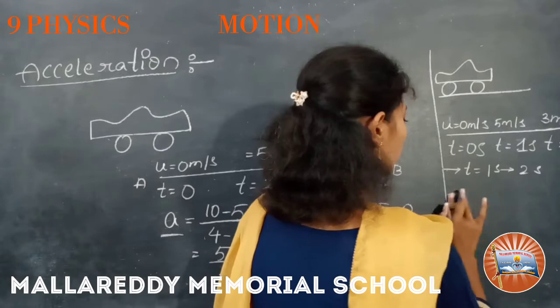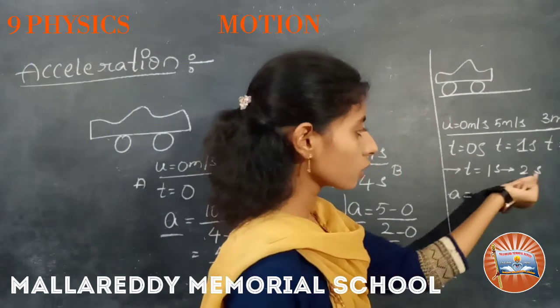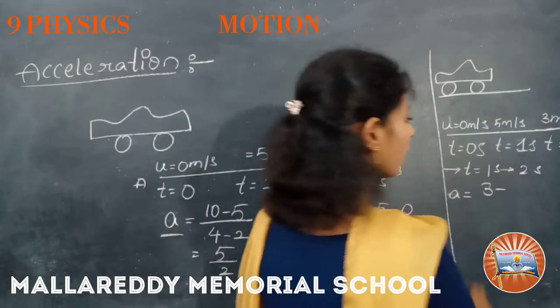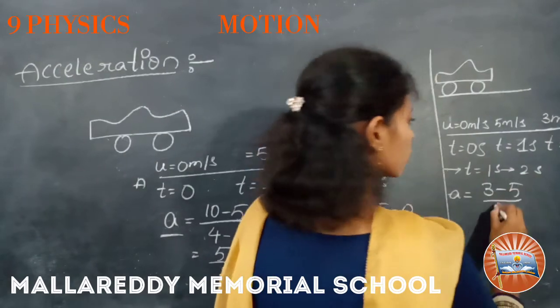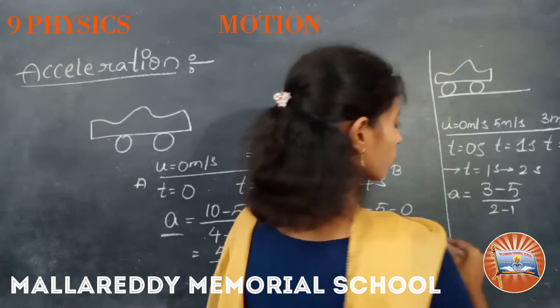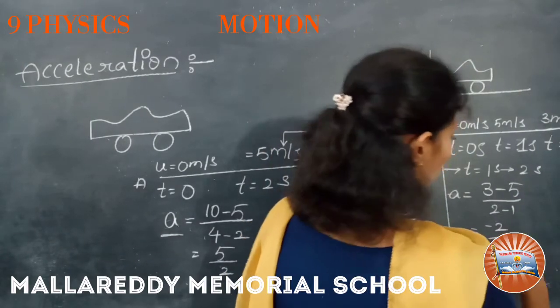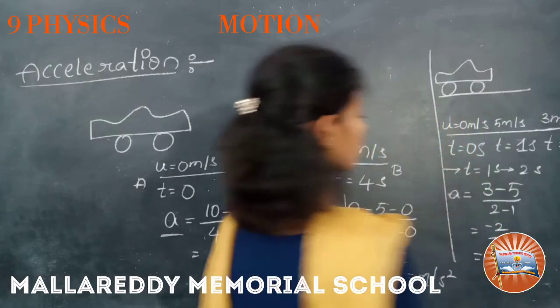So acceleration is equal to, the final point is 3 and the initial point is 5, by 2 minus 1, right. So 3 minus 5 is minus 2 by 1. That means minus 2 meter per second square.